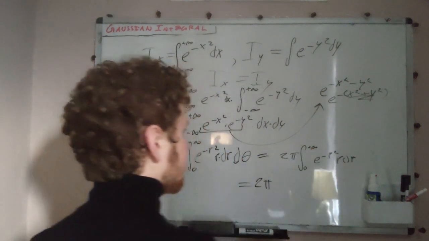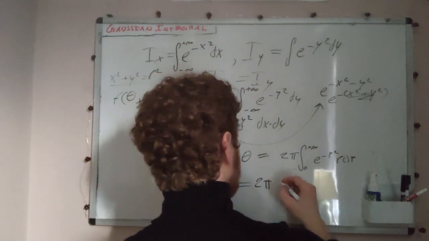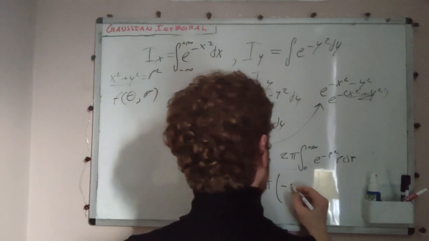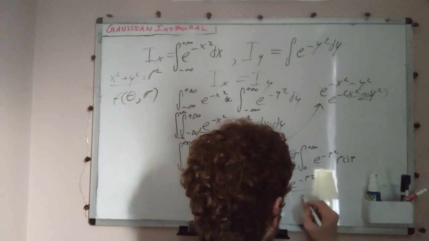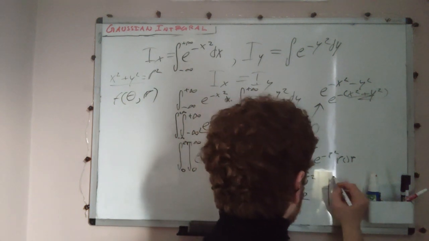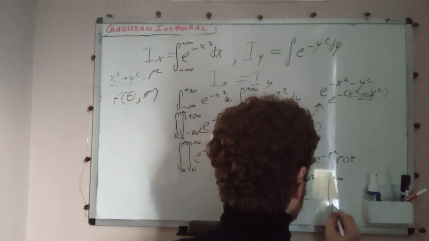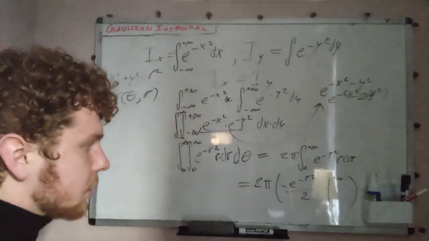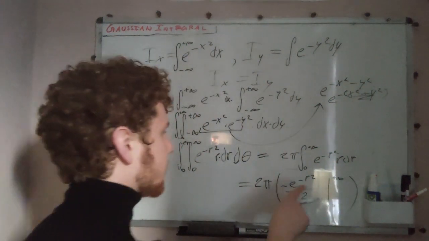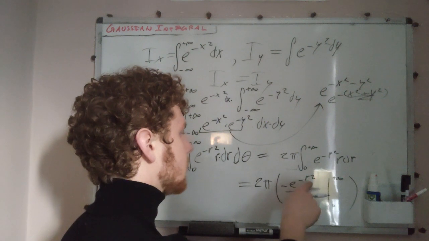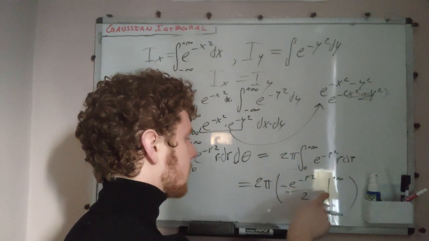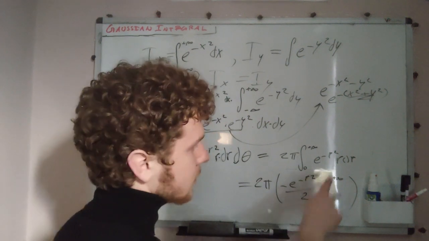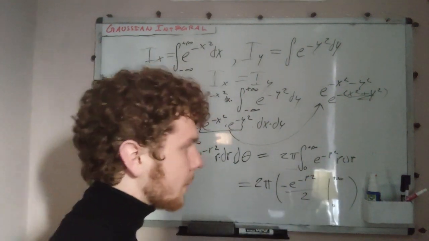Now if you were to evaluate this here, it becomes negative e to the negative r squared over 2, evaluated from 0 to positive infinity. Now you can check this yourself, but just take the derivative of this: negative 2 times r would come down, this would be 2r e to the negative r squared, and the 2's would cancel out, so it would just be e to the negative r squared times r.